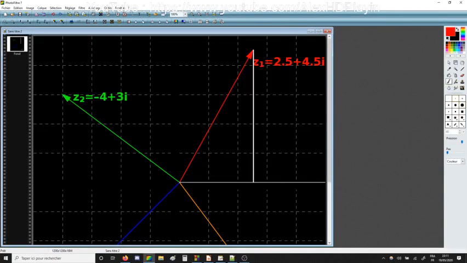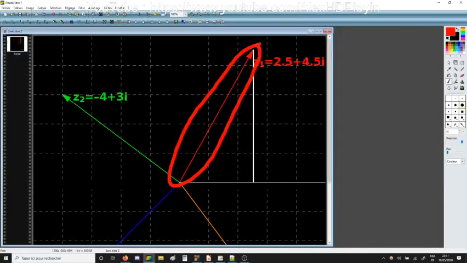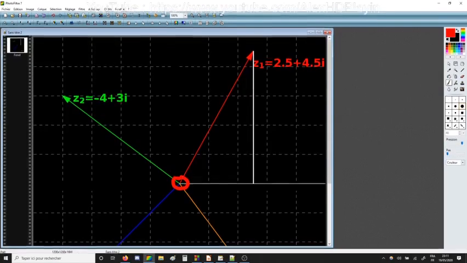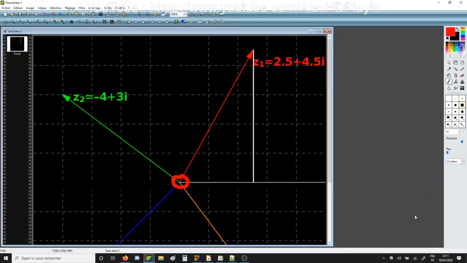The norm is basically, let's take z1 here. Its norm is just the length of that vector, because here it's supposed to be 0 plus 0i. It's the same thing, it's just 0. So that distance is basically the hypotenuse of this right triangle.